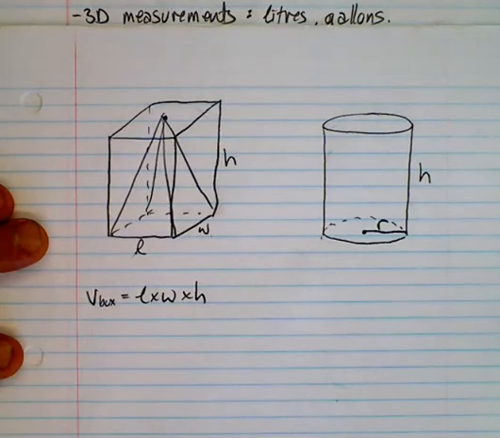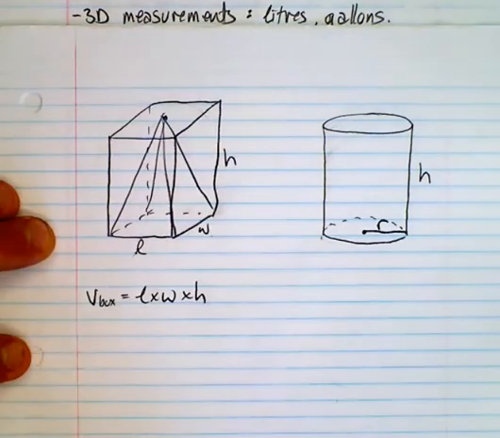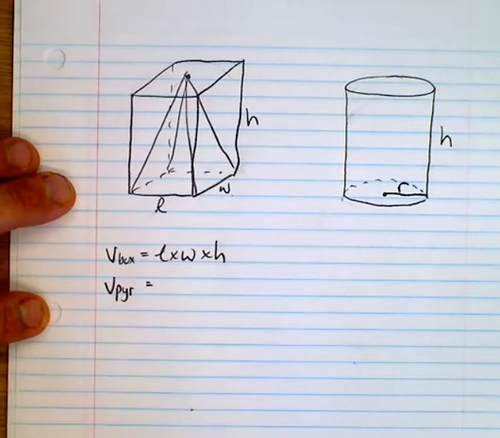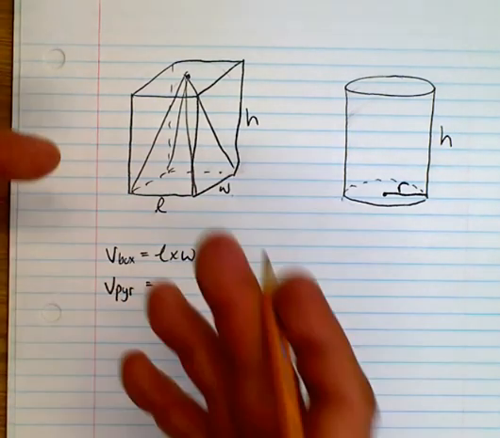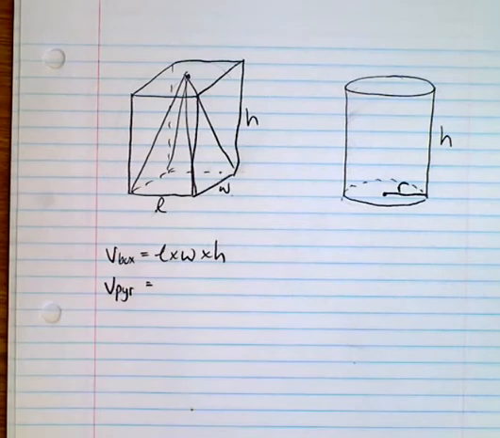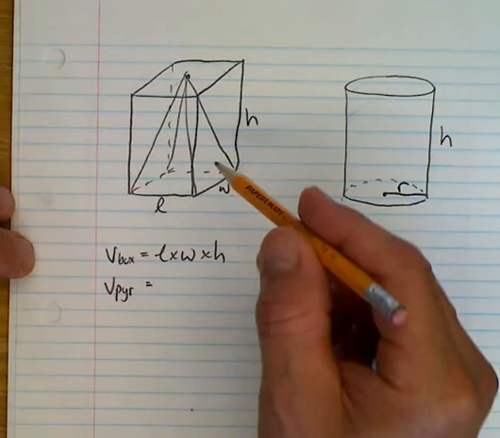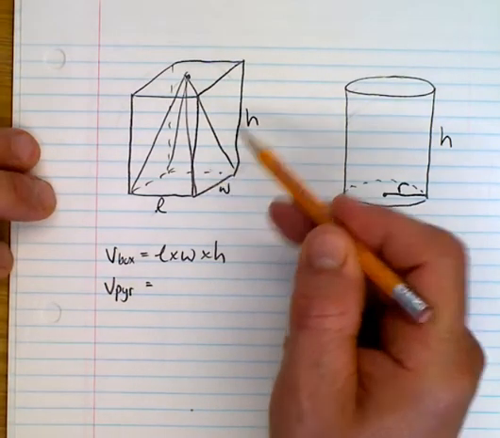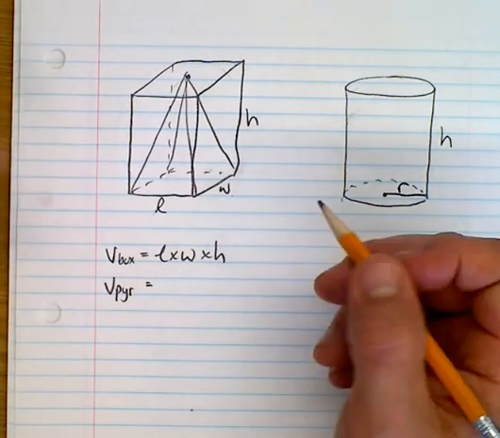Now this pyramid on the inside is obviously less than that. Well, how much less would be the question. If you looked at it a little bit and analyzed it, cut it out of blocks, you might be able to fit a few pieces together. Let's take a guess, is there half as much volume in the pyramid as in the box? Is there a quarter? Is there a third?